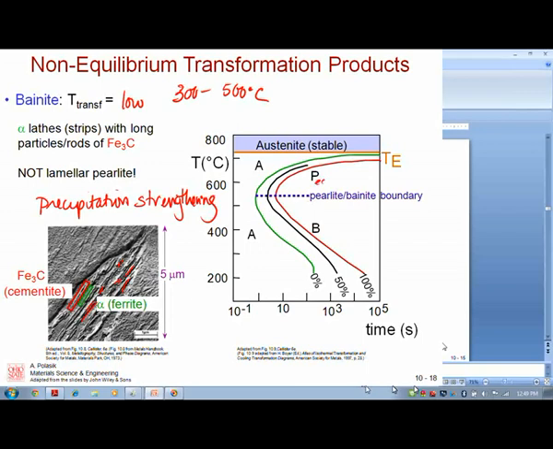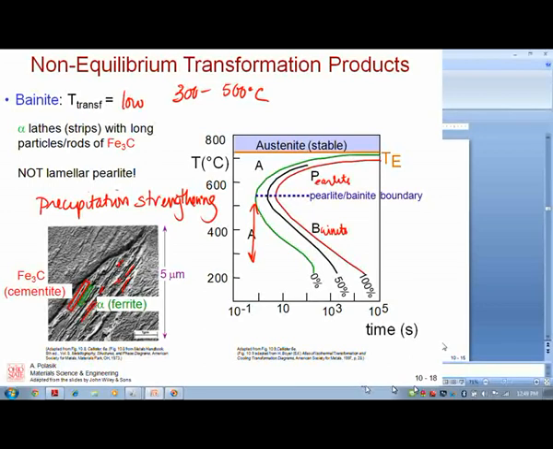But what's going on here? At these higher temperatures, diffusion is easier. Why do we form bainite? Because they can't diffuse. So this is where bainite is going to form. At these larger undercoolings down here, in this range of temperatures. Because diffusion is very limited at those temperatures. So we can only get tiny clusters of cementite.